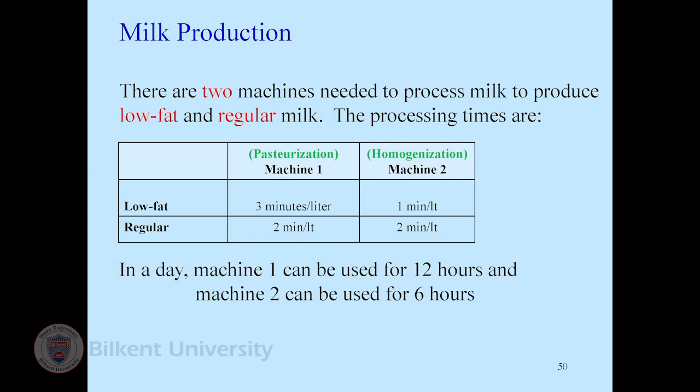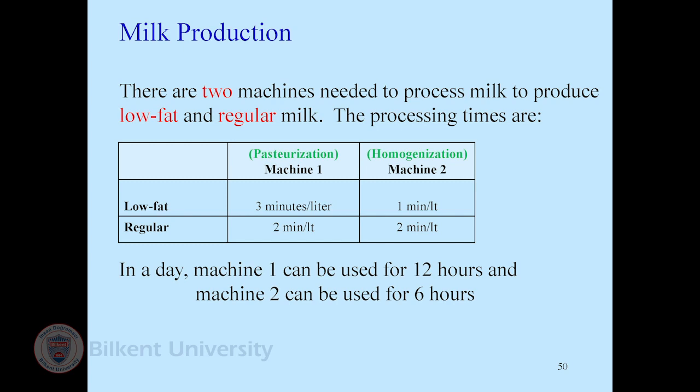Let's see. Well, of course, as I keep telling you, the environment is giving us restrictions. Machine 1 can only be used for 12 hours, and machine 2 can only be used for 6 hours. Okay? Now, I have to make the decisions. Remember, each type of product uses different amounts of minutes from those machines.